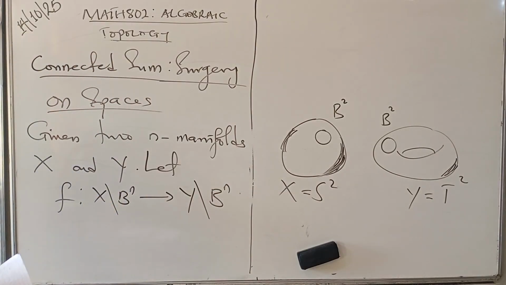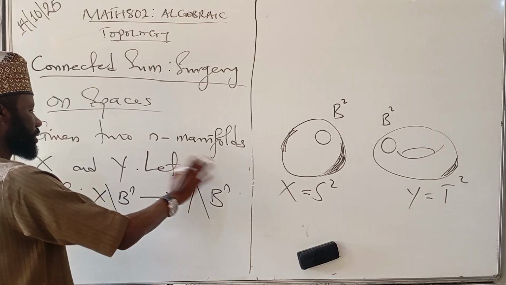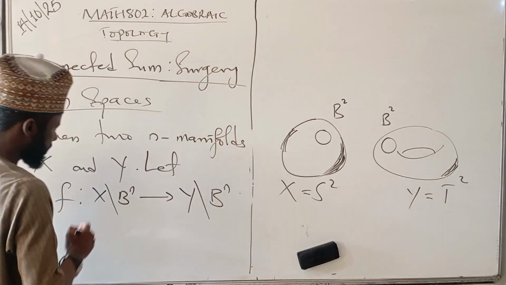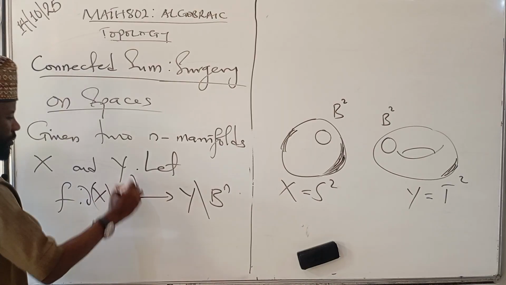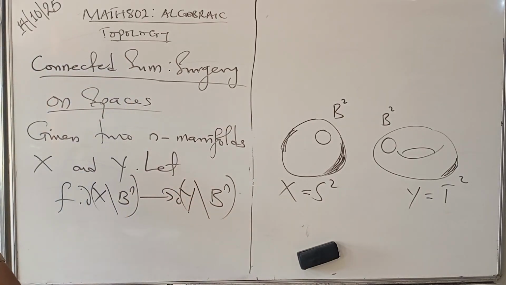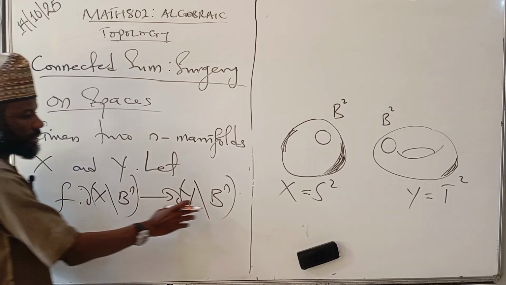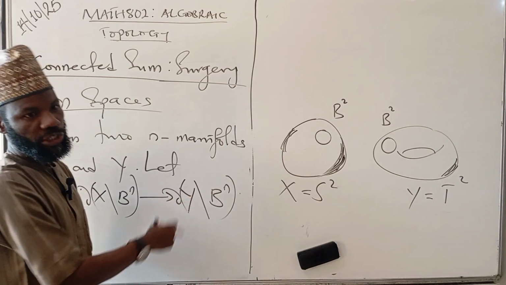So there will be a homeomorphism, not between the two spaces because they may not be homeomorphic, for example these spaces, but between the boundaries. The boundaries of the spaces on removing a ball will be homeomorphic, because this boundary will be homeomorphic to a sphere of dimension n minus 1, and this will also be homeomorphic to a sphere of dimension n minus 1.